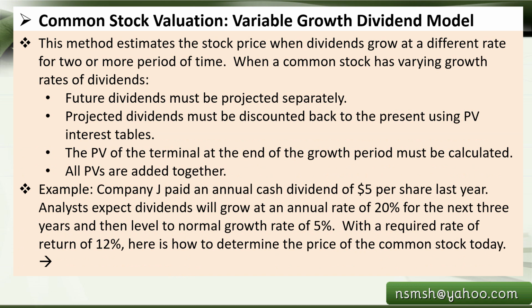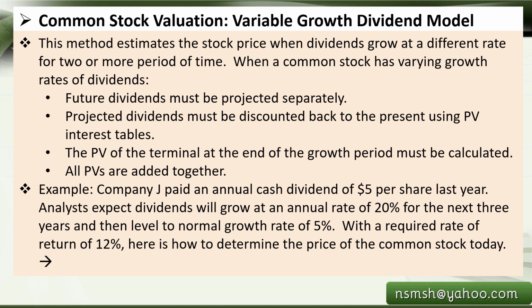So, the variable growth dividend model. This method estimates the stock price when dividends grow at different, variable rates, maybe high, peak, and maybe down, for two or more periods of time. When a common stock has varying growth rates of dividends, future dividends must be projected separately, otherwise it will be distorted and the figures we calculate will not be very correct.